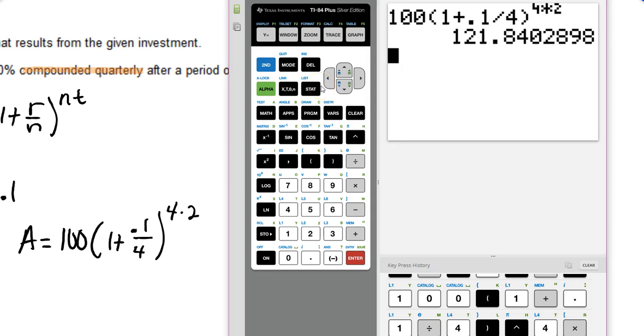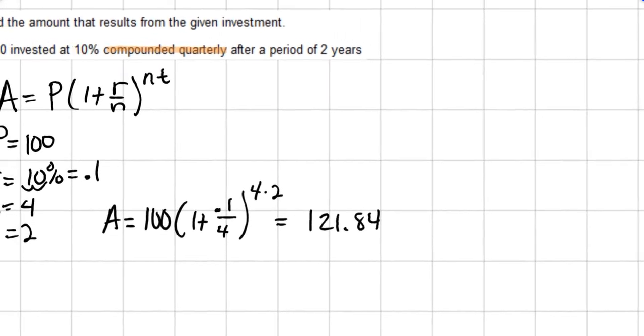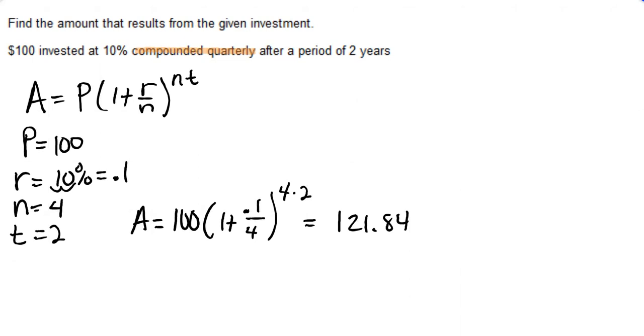So after 2 years, that $100 turns into $121.84. And I'm rounding to 2 decimal places because we're talking about money, so I rounded to the nearest cent.